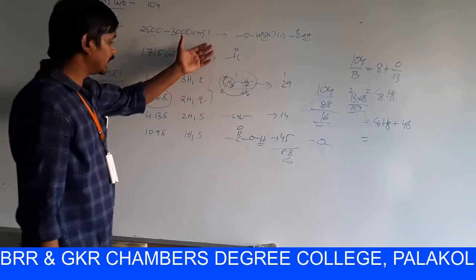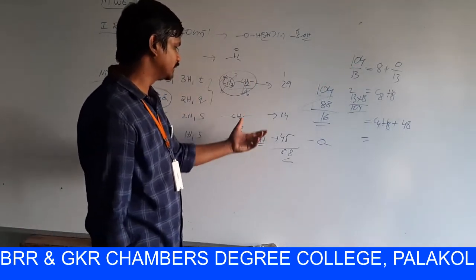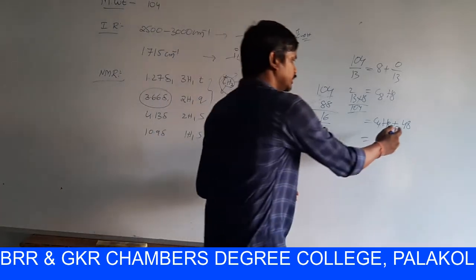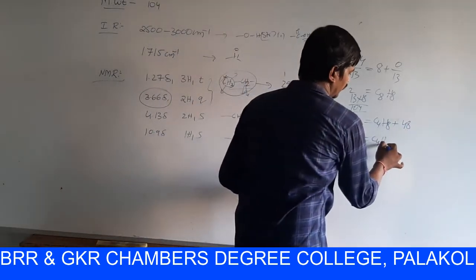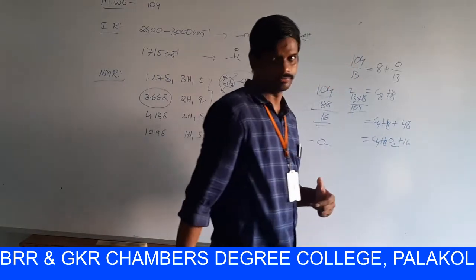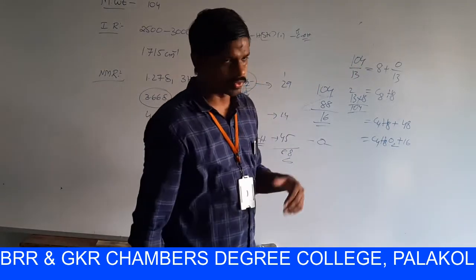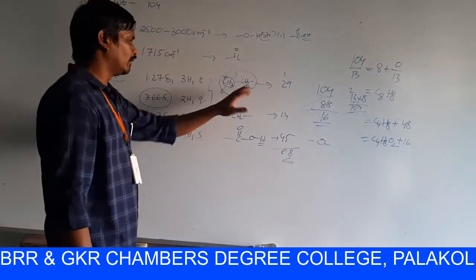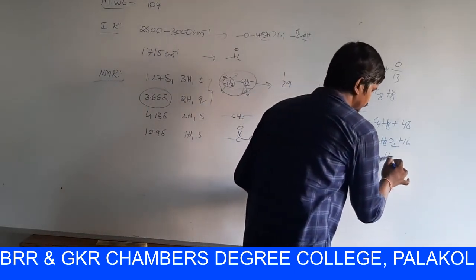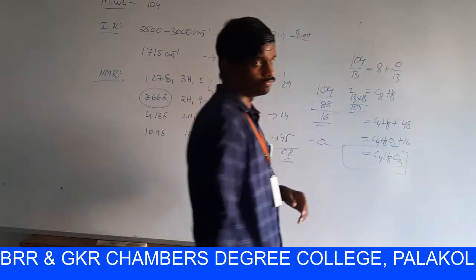According to the IR data and 10.9 delta 1 hydrogen singlet, we have one carboxylic acid group. That means we have 2 oxygen atoms. So for 48 we add 2 oxygens and it remains with another 16. From the chemical shift value 3.66 delta, 2 hydrogens quartet, we have another oxygen atom. So in place of the 16 we write another oxygen. So finally the molecular formula is C4H8O3.